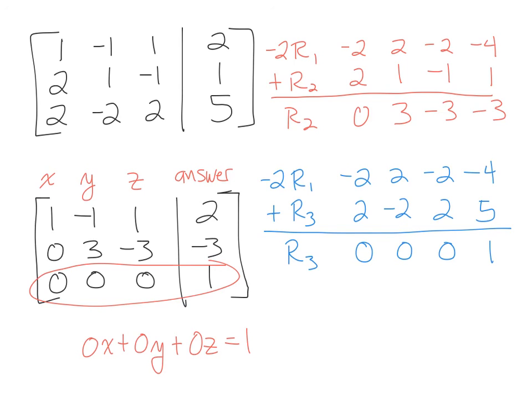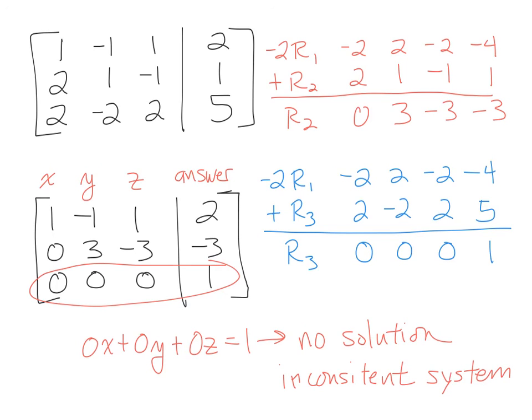This is impossible. So this tells us right away there is no solution to our system of equations, and we call it an inconsistent system of equations. And that is your answer.